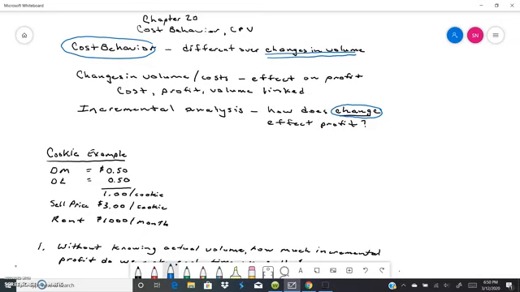And basically, in terms of the cost of our cookie, we've got direct material costs. Maybe it's the dough, 50 cents a cookie. We've got someone obviously cooking the cookie, preparing it, and that's another 50 cents worth of costs. And then again, just for simplicity, we're going to say that total cost per cookie is $1.